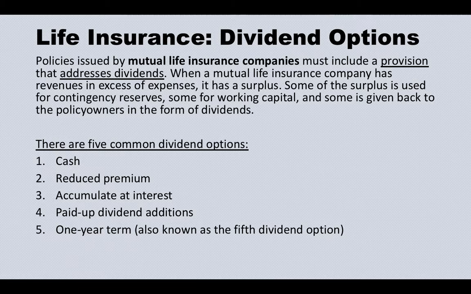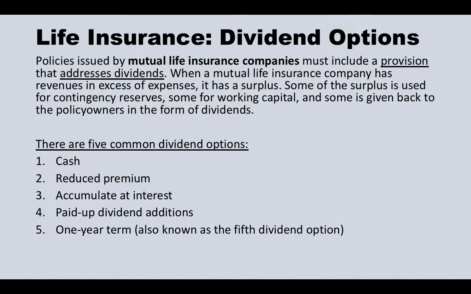It's very similar to the non-forfeiture option, which uses the cash value as a single premium. Then with the dividend option, you can have a 1-year term, so you can use your dividend to buy a one-year term life insurance policy. You will get a larger death benefit that way.